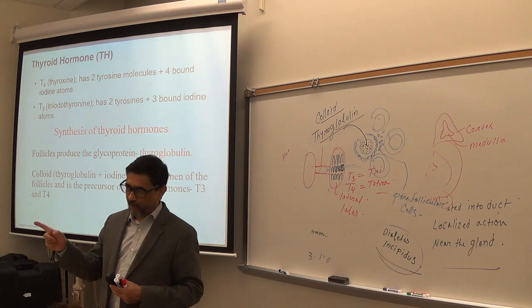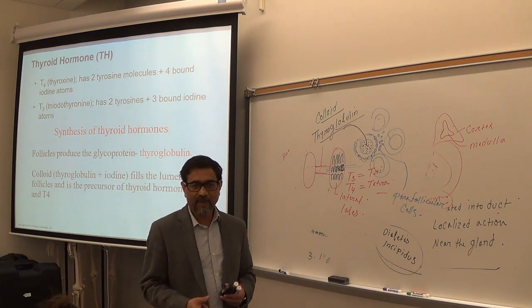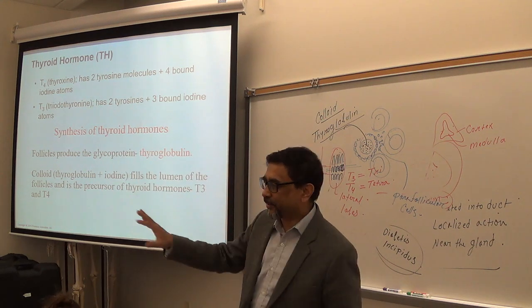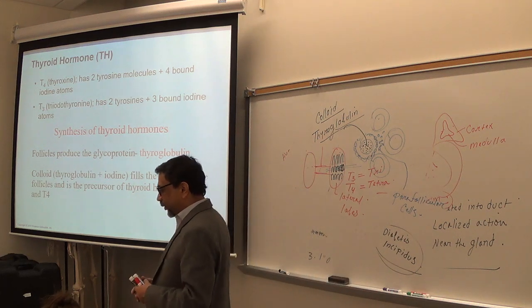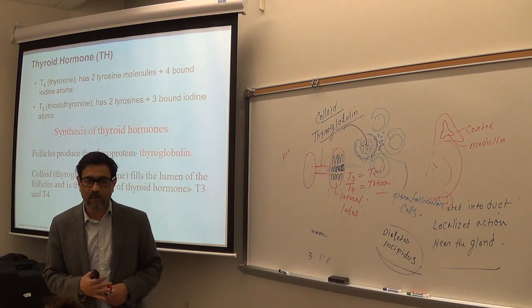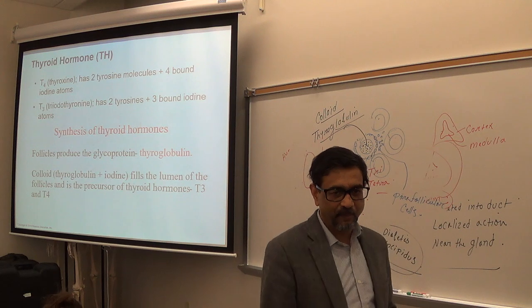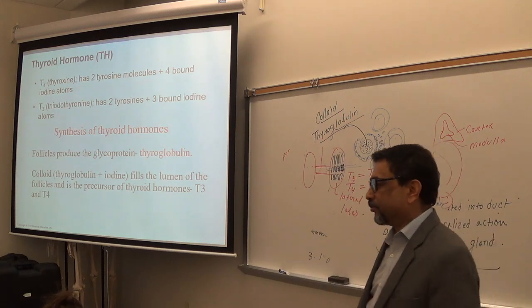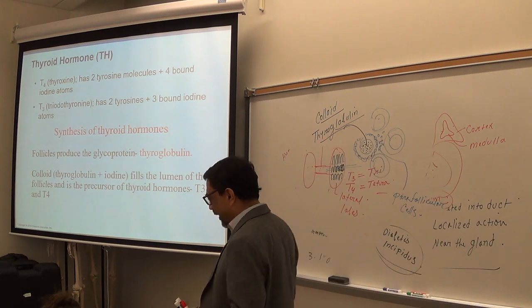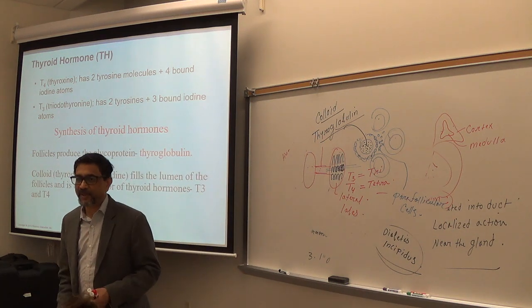T3 and T4 regulate the metabolic activities. And calcitonin is different. Calcitonin lowers the calcium in the blood. Lowers the calcium. So totally different type of functions. T3 and T4 what? Control metabolic activity. Metabolic activities, right?